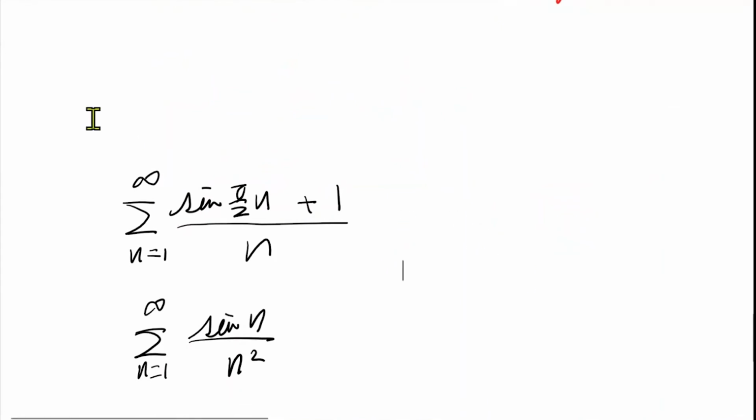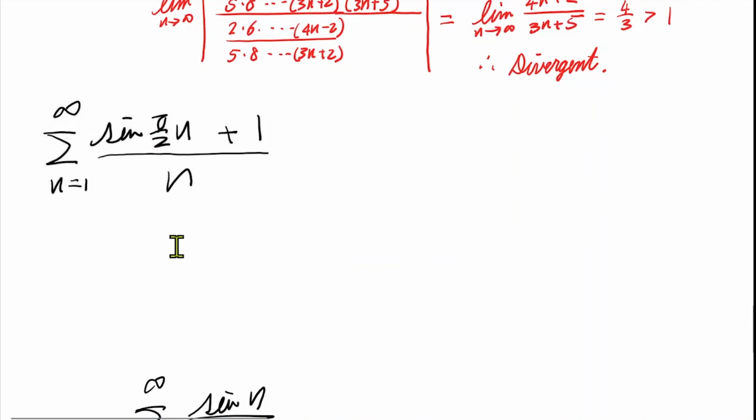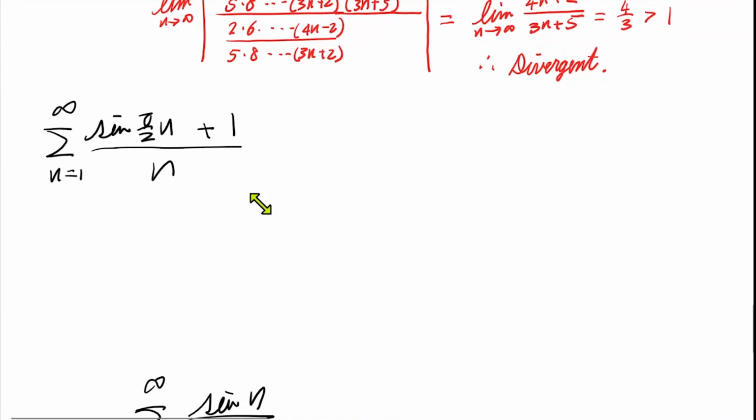Then we are looking at this thingy, right? Let's do this example. Okay, this is not an alternating series, right? Because the numerator will become 2, 1, -1. Let's write this thing out just to see what it looks like. When n is equal to 1, you have 2 over 1, right?